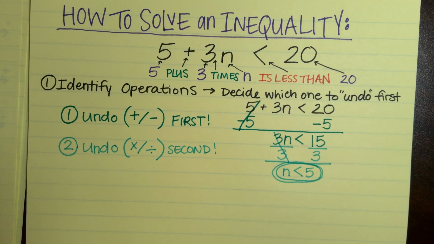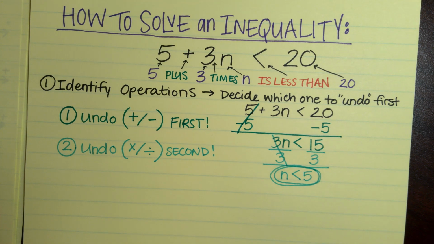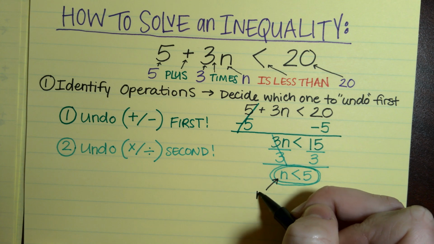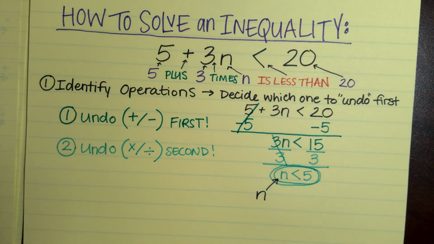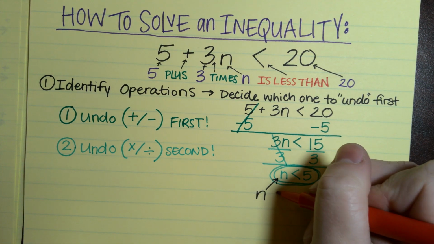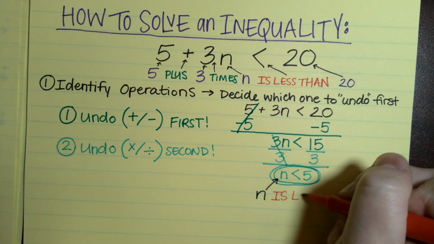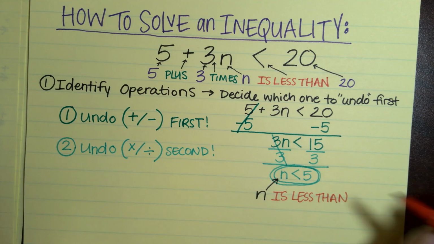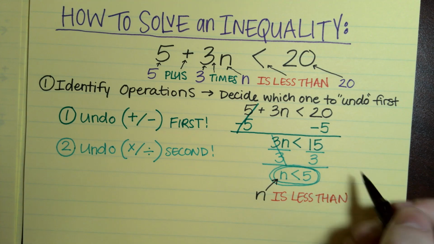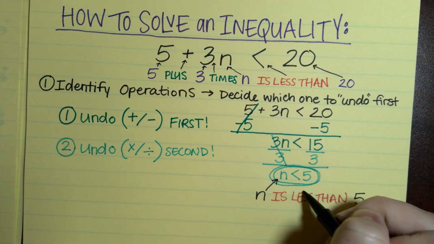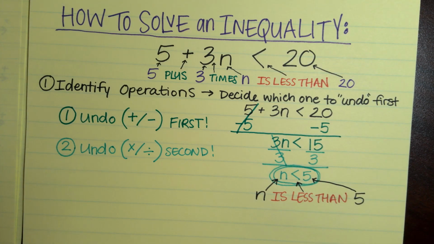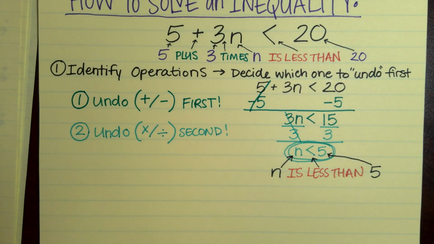And again, we'll label how we read this. I'm going to say n is less than 5. N is less than 5. All right.